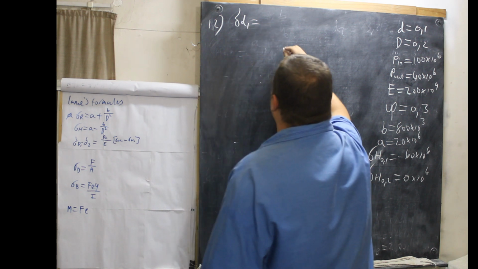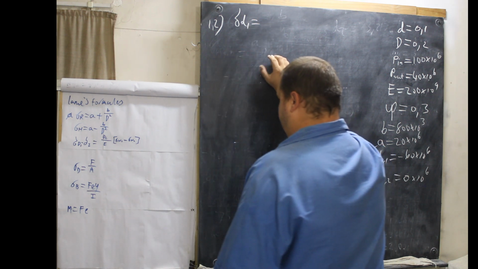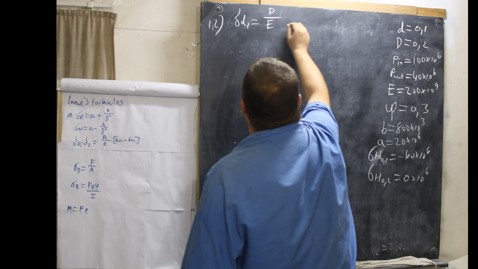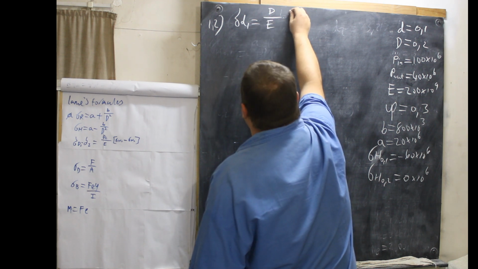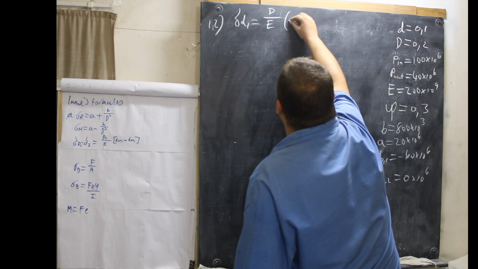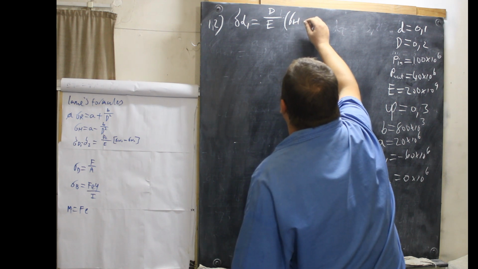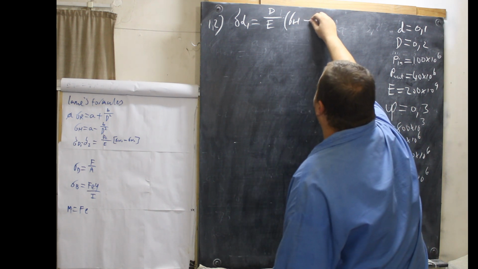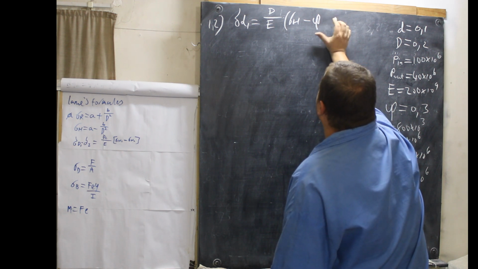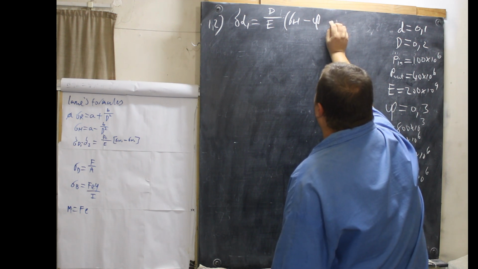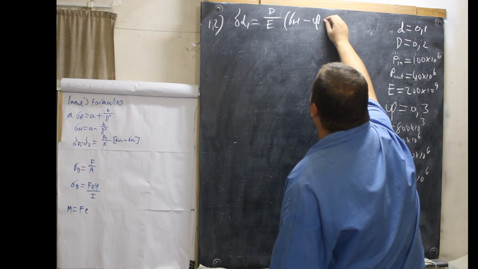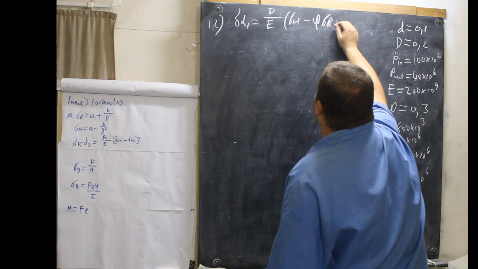So D1 equals D over E times hoop stress minus rho times radial stress.